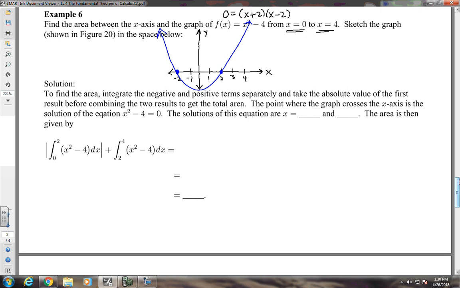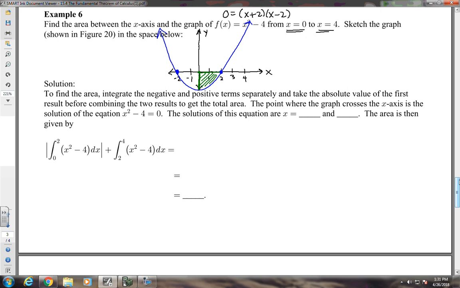So the problem says find the area between the x-axis and the graph from x equals 0 to x equals 4. Well, x equals 0 is right here. So I want the area between the curve and the x-axis.